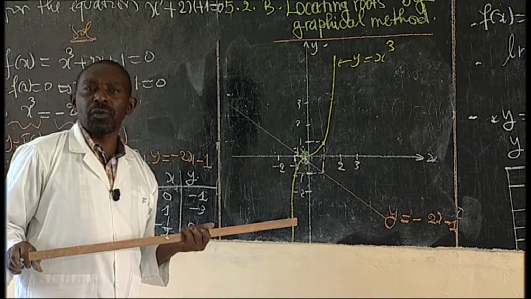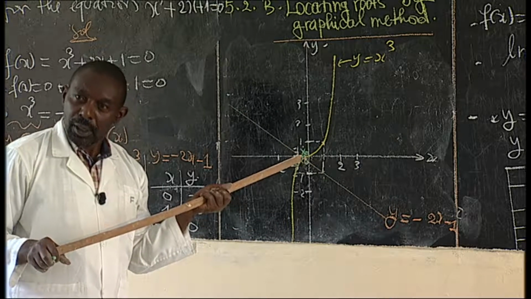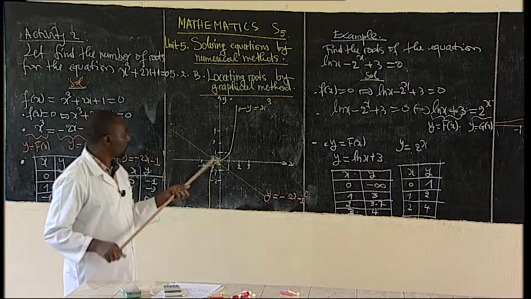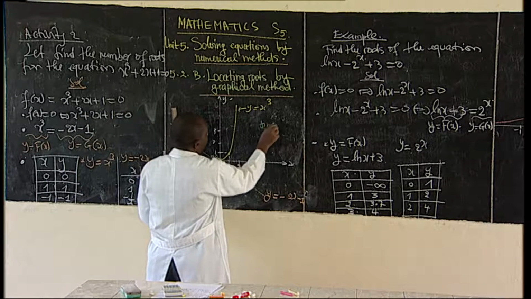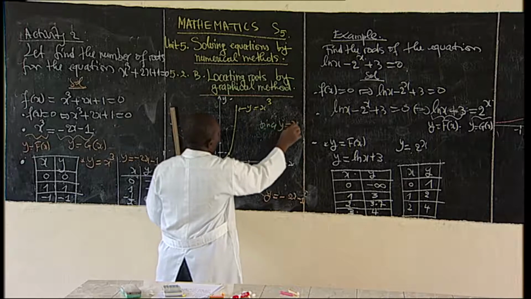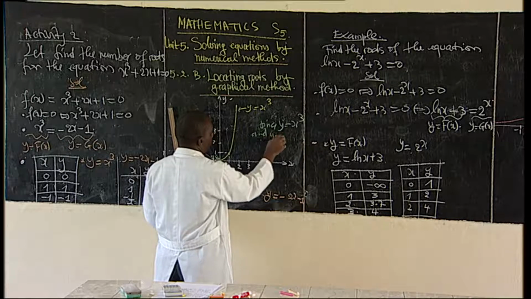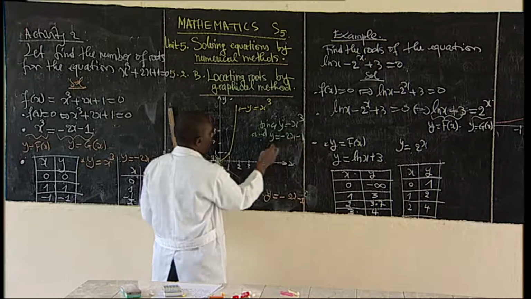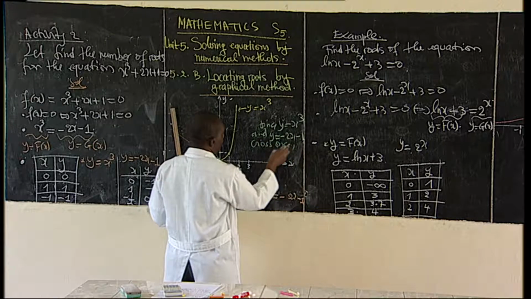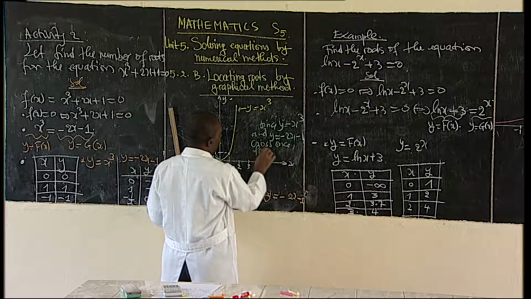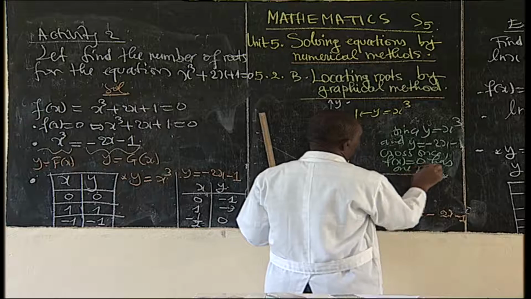As my two curves cross once, we have one root. Since y equals x cubed and y equals minus 2x minus 1 cross once, our equation f of x equals 0 has one root.